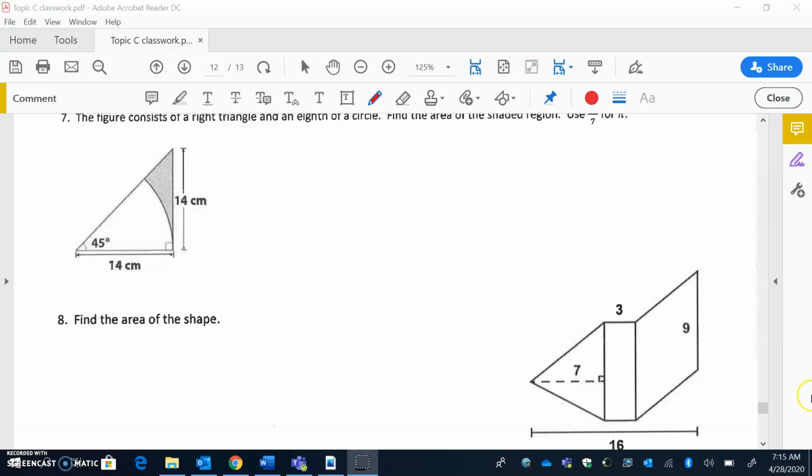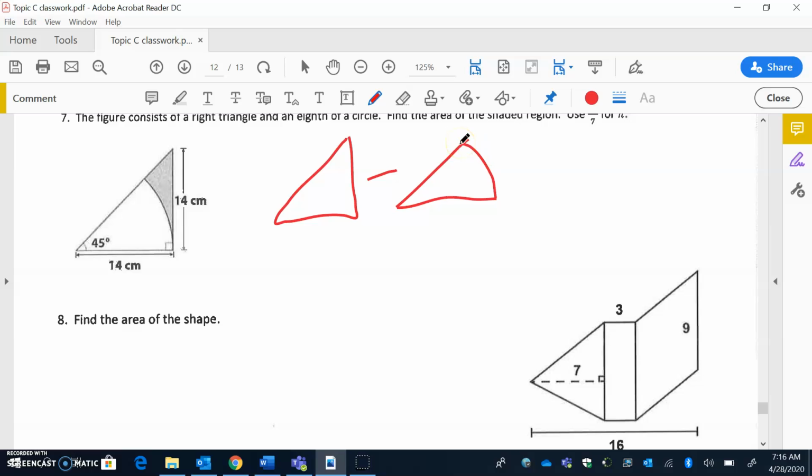All right. So the last thing that we just wanted to look at was something like question number 7, where your triangle is your big shape, and then you want to take away this portion of the circle.